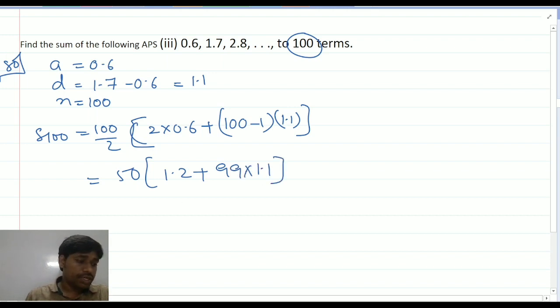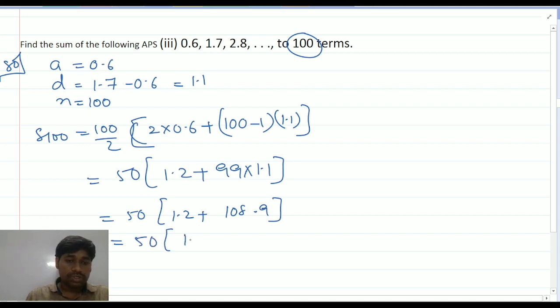So 99 into 1.1 is 108.9. If you add, 50 of 1.2 plus 108.9 is 50 into 110.1. The solution we will get is 5505.